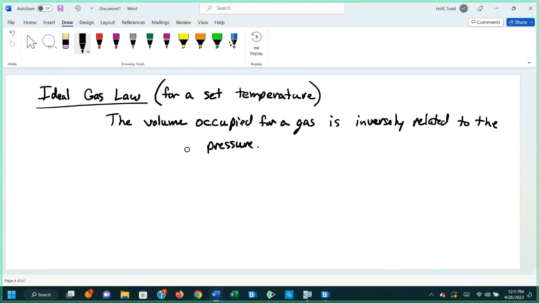So what does that mean? That means if I want to take a gas and squeeze it into a smaller volume, it's going to be at a higher pressure. If you ever worked with a gas grill, those LP tanks, that is extremely high pressure propane. In fact, gaseous propane is compressed until it turns into a liquid, and then it's put into that tank. That tank keeps it compressed in liquid state so that you can have quite a large volume of propane in there.